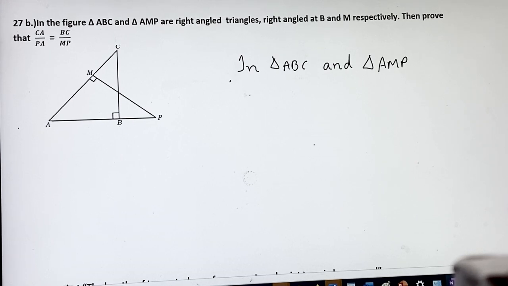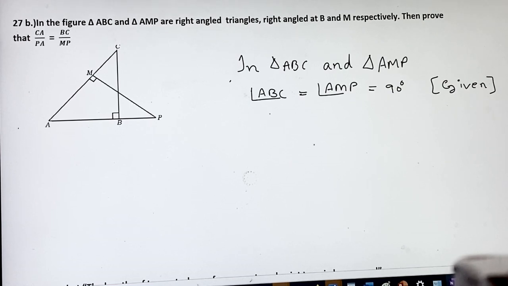Now angle ABC is equal to angle AMP, which is 90 degrees. This is what they have given, the given data. They have already given it is a right angled triangle, that means it is 90 degrees. Since it is 90 degrees, now we need to find which is a common angle. So here the common angle is A for both the triangles.